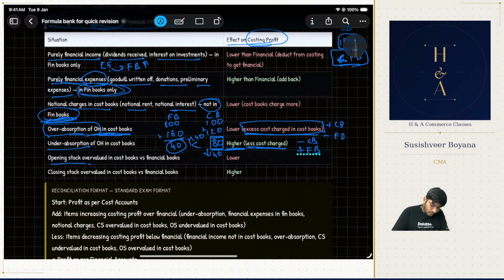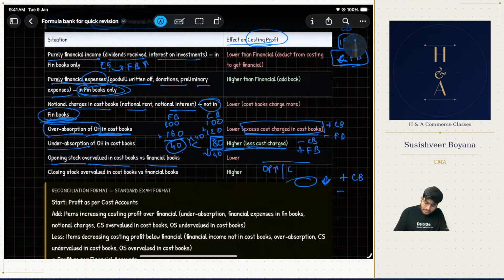Opening stock overvalued in cost books versus financial books. Similar, sir. Opening stock is overvalued, right? That means my profit is going to be less. If my profit is less than financial books, what should I do? I should add to meet costing books. I'm going to add.